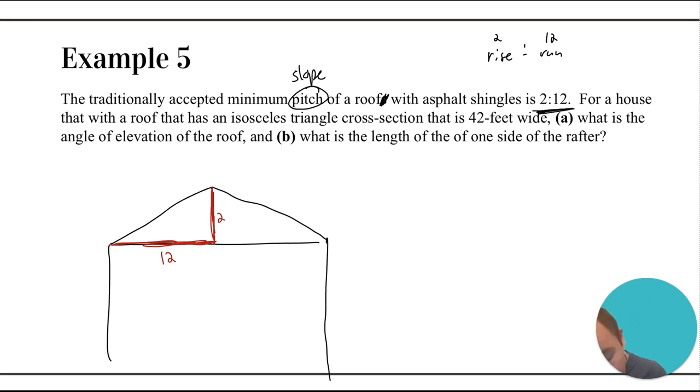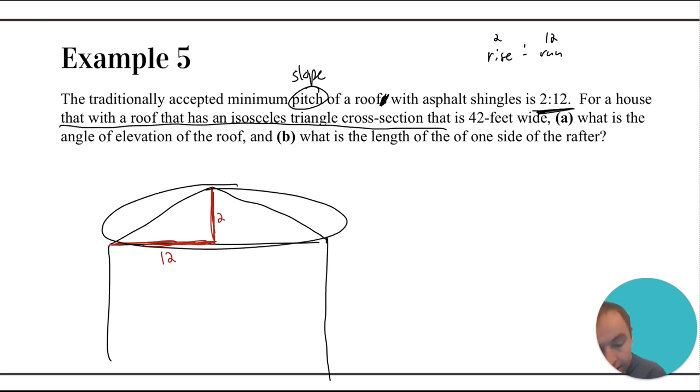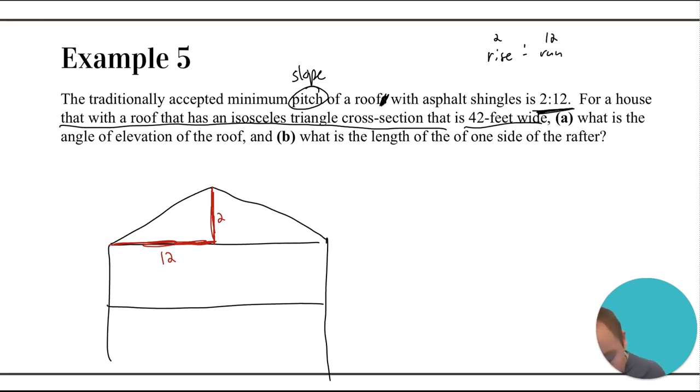Okay. Now we do know that the roof has an isosceles triangle cross section, and that's what this is, an isosceles triangle, because these two sides here are the same. And it's 42 feet wide, right? So if it's 42 feet wide, then from here to here, this is 42 feet.